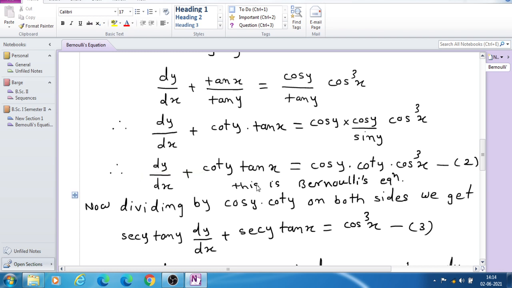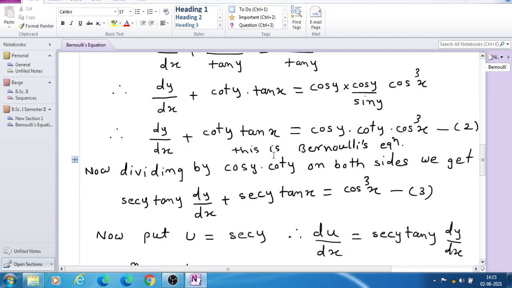Now this is Bernoulli's equation: dy by dx, then instead of p into y we get cot y, and here is q into y raised to n. So remember, instead of y there is a function of y, and instead of y raised to n here is the function cos y into cot y.